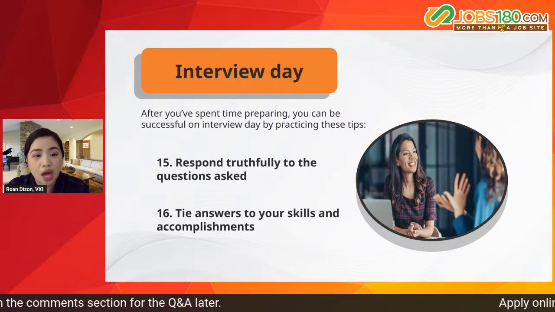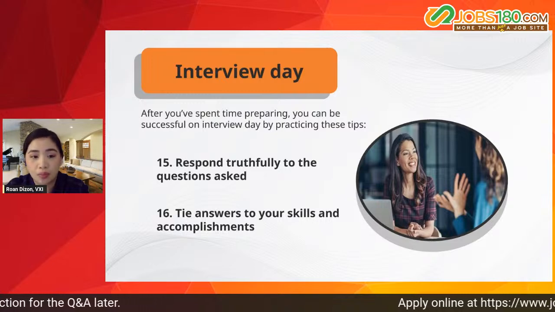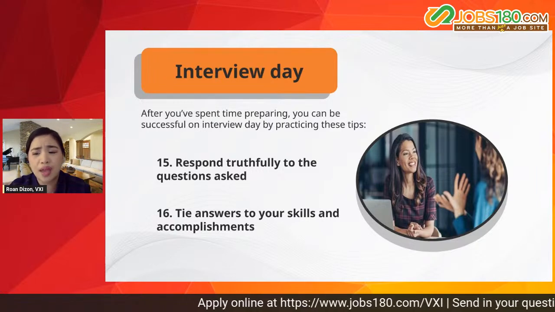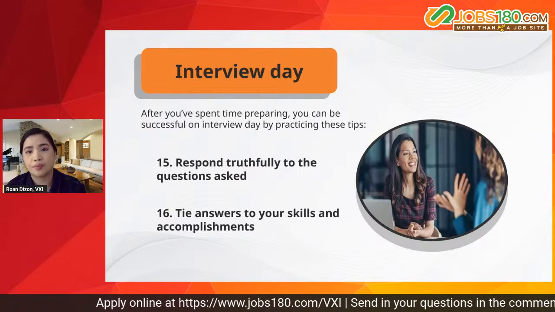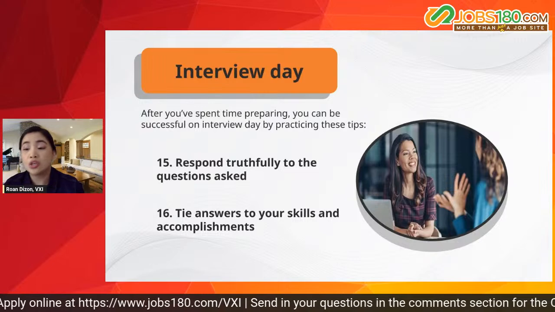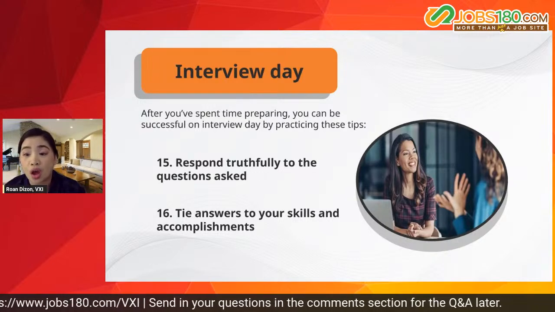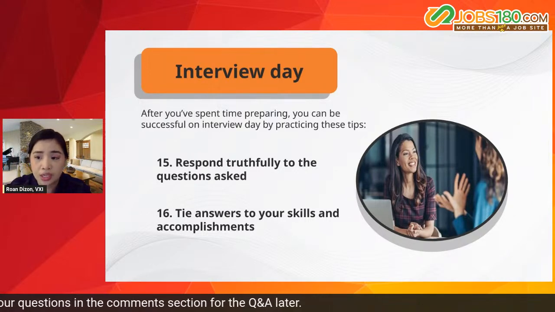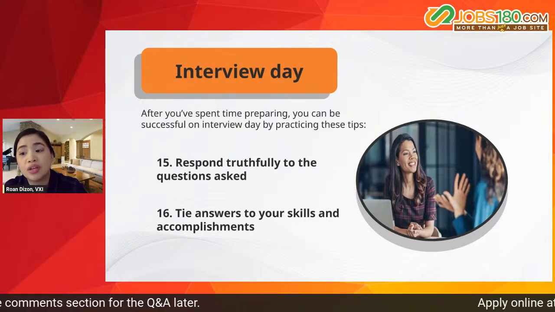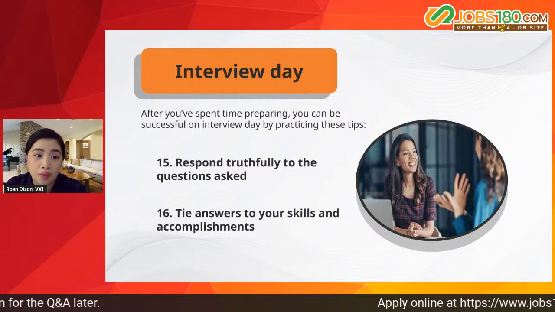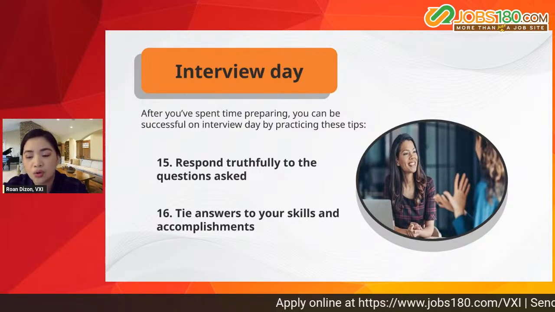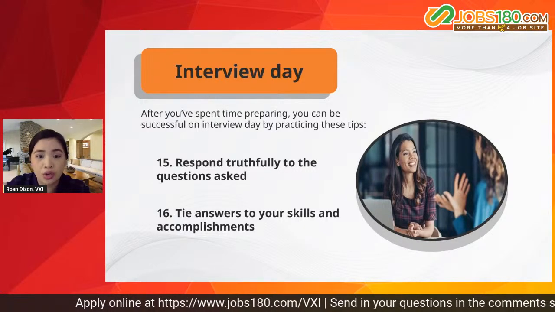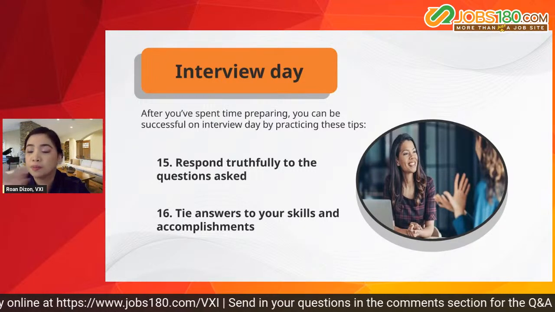Number 16, tie answers to your skills and accomplishments with any interview questions you answer. I want you to remember that you need to tie your background to the job by providing examples of solutions and results that you've achieved in your career so far. Now let's just say you don't have any job experience yet. Just like what I mentioned earlier, you will have some experience.